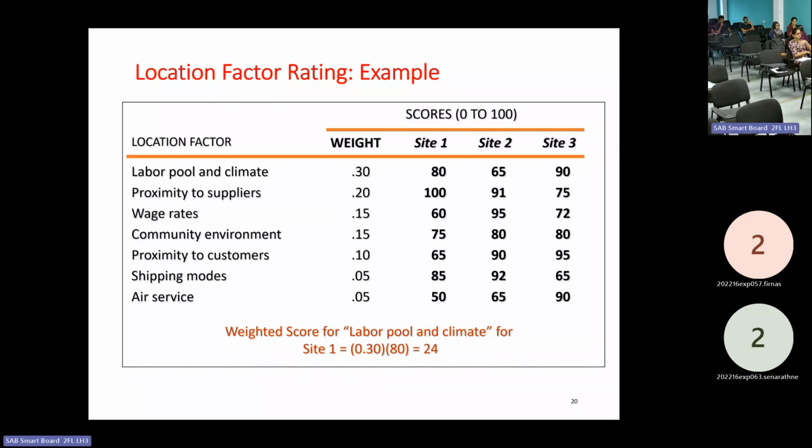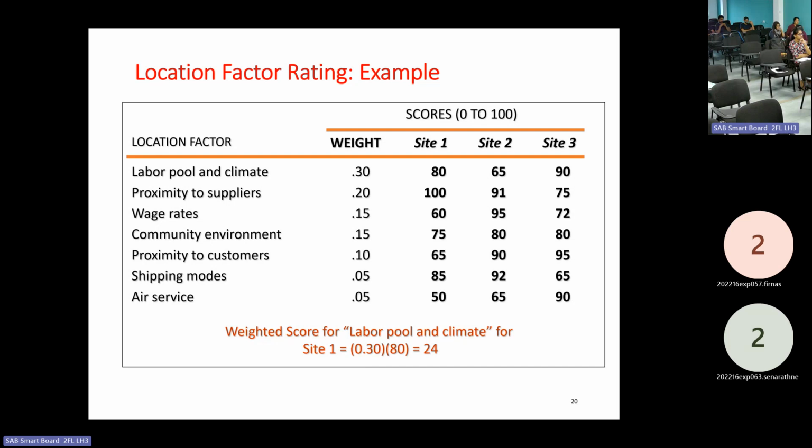So that is how we start for the facility. We need to first identify what the factors are. Depending on the importance, assign weights. Higher weights for the most important factors.